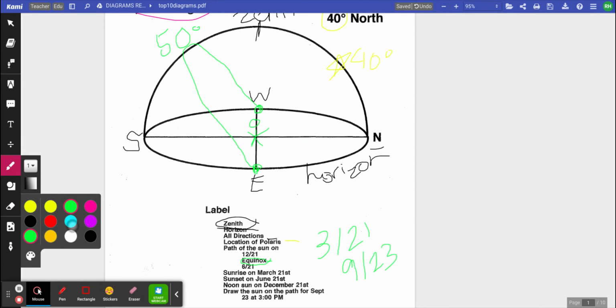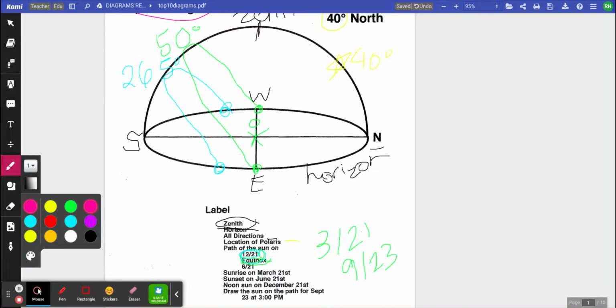For the next one we have to do winter, and in winter, I'm going to change to blue. Winter is going to be a little bit lower in the sky. It's going to start rising still on the east side, but a little bit south of due east. It's going to come up lower in the sky, only to about 26.5 degrees north. And it's going to set.